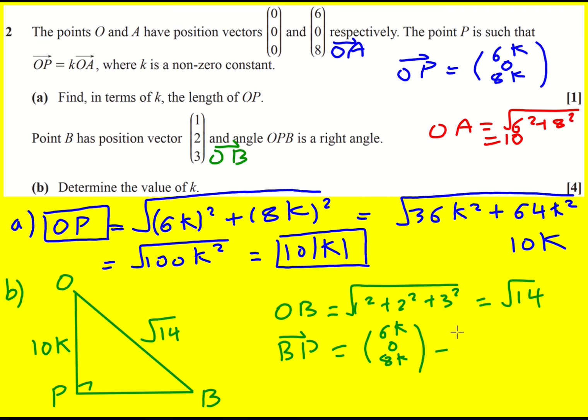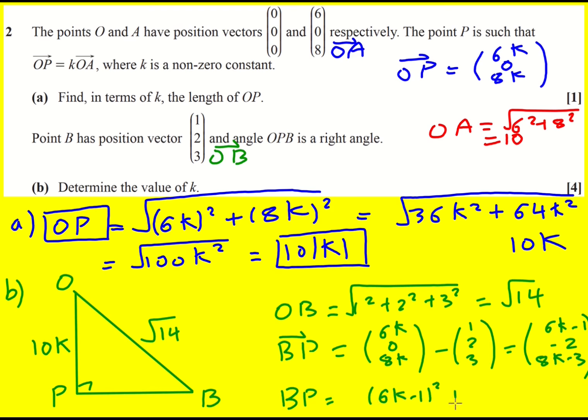So 6K, 0, 8K, minus 1, 2, 3, which will give 6K minus 1, minus 2, and 8K minus 3. So then BP squared will be 6K minus 1 squared plus minus 2 squared plus 8K minus 3 squared.